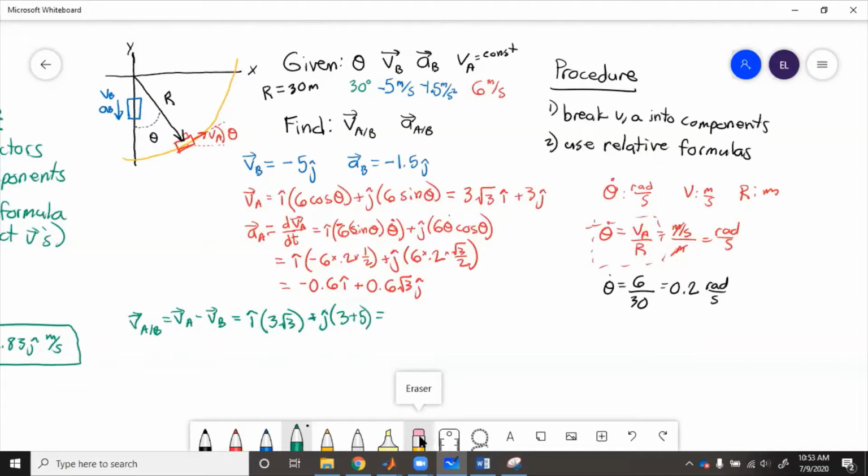So if we put numbers in here, we get 5.2 i hat plus 8 j hat meters per second equals velocity of A with respect to B.